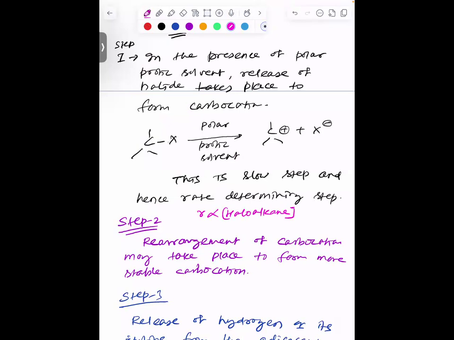Except solvent, the haloalkane remains, so the rate of reaction is proportional to haloalkane. So the order of the reaction is 1.